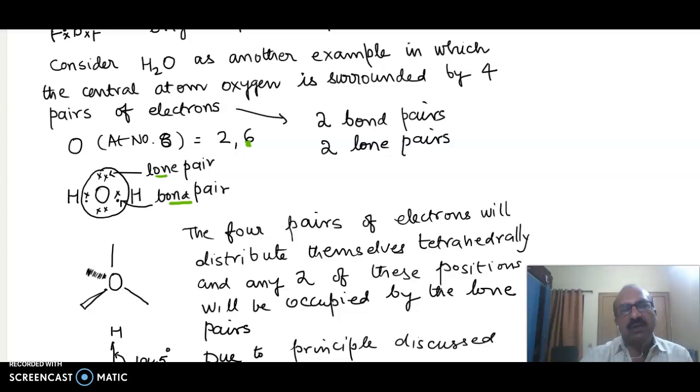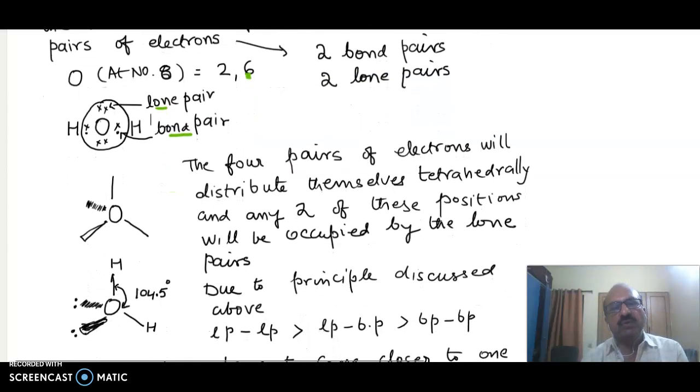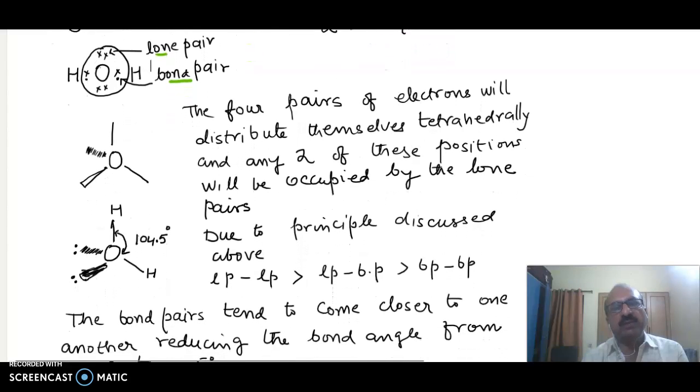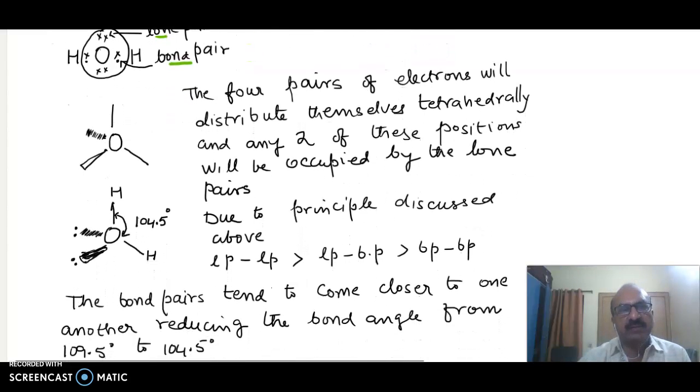Now we will not consider only the bond pairs. For arrangement of the electron pairs, we will consider all the 4 electron pairs, and you know that the arrangement for the 4 electron pairs is tetrahedral.